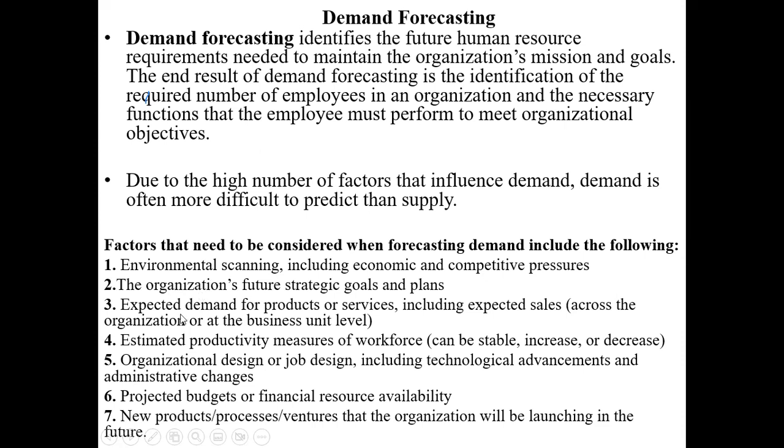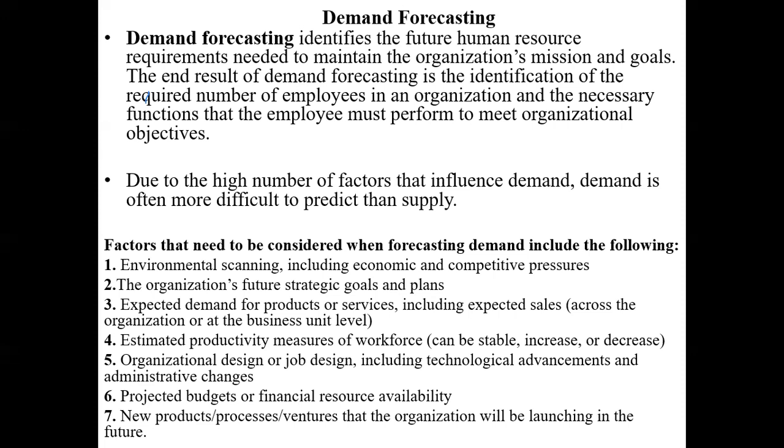And these factors can also be called predictors of human resource demand. They are called predictors because each of them has a contributory role to play as far as the ascertainment of the demand for human resources is concerned.